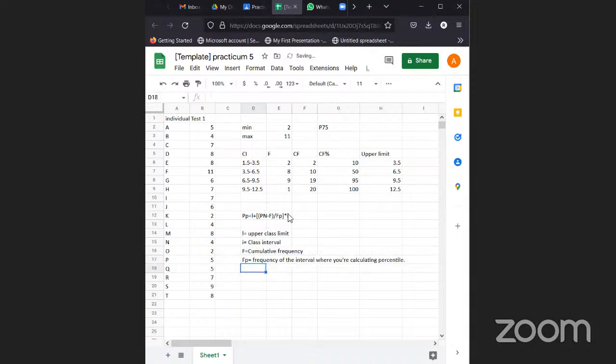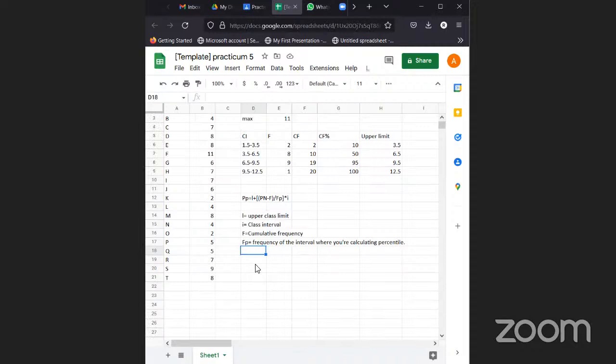What else do we have as a term here? That's all, right? We have Pn. So that's what we need to find out right now. Pn is nothing but your percentile. If you remember what we just spoke about, what is the formula to find out the percentile?